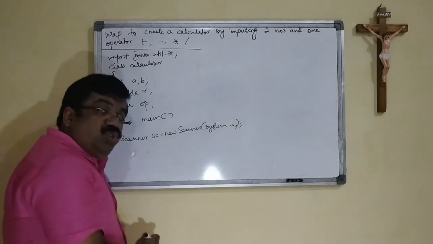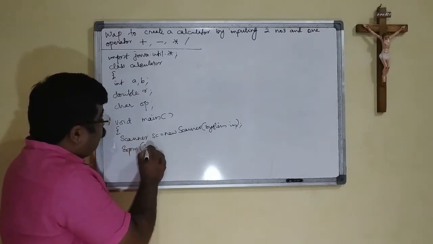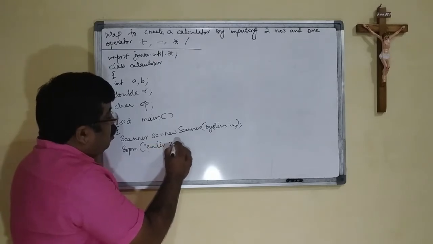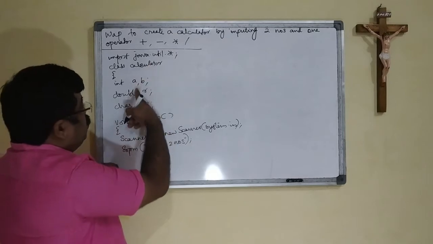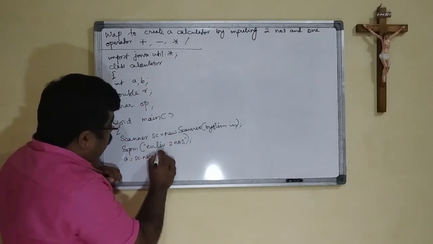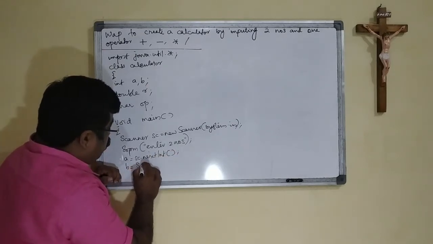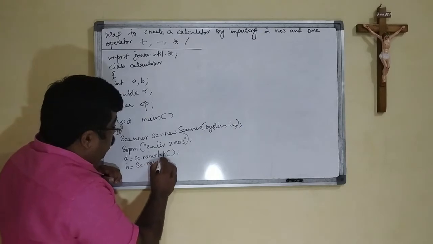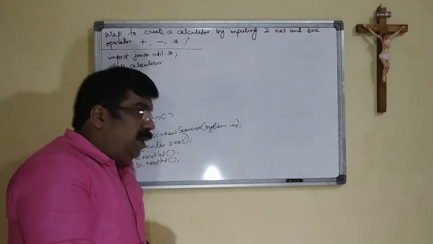We have to input two numbers, so we give SOPLN and two numbers. First number A is equal to SOC.nextInt. Second number B is equal to SOC.nextInt. Both the inputs are really there.